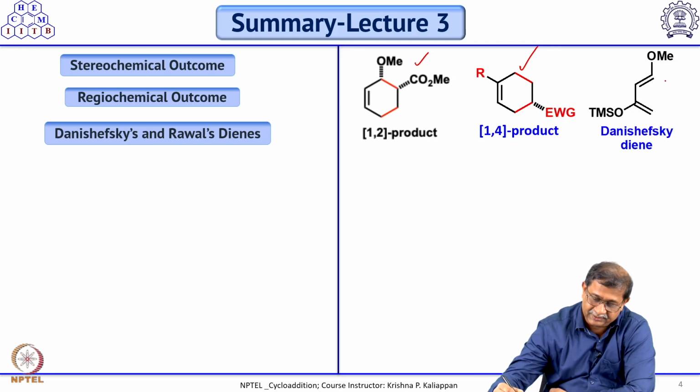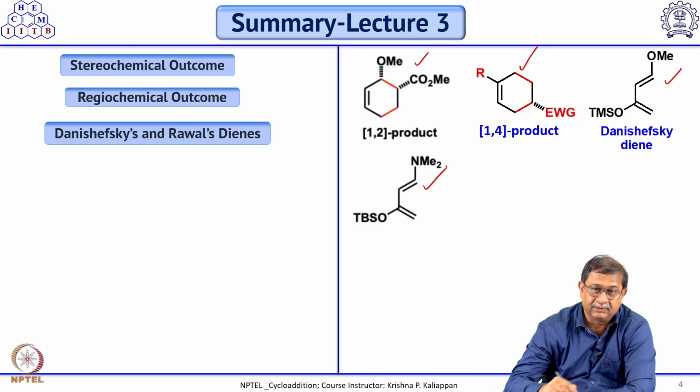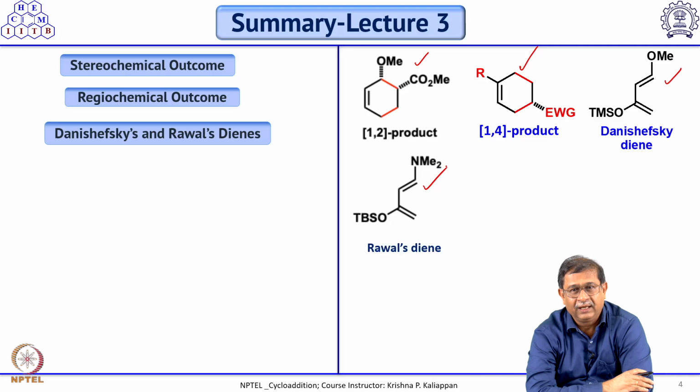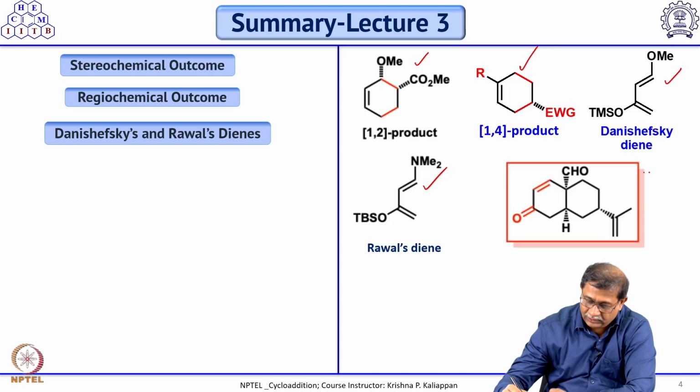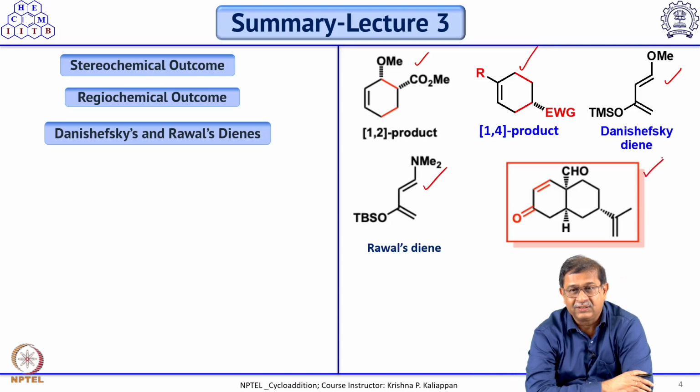This is Danishefsky diene, and this is Rawal's diene, and we also discussed how these dienes have been successfully used in total synthesis, and this is one intermediate where Rawal's diene has been successfully used to make this intermediate in only 2 steps.